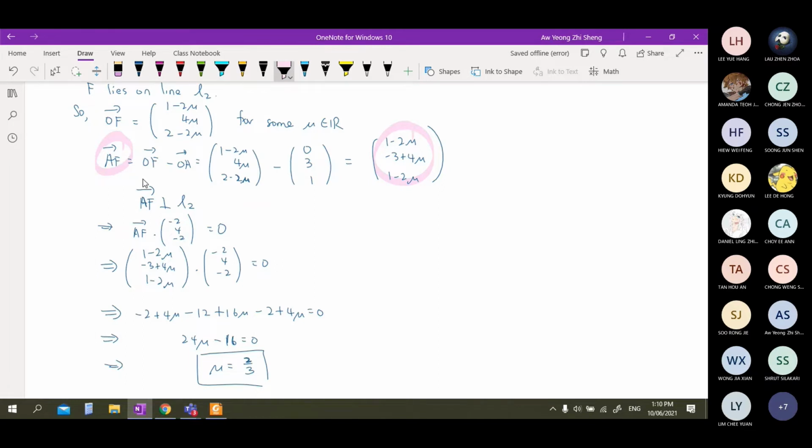So let's just sub into AF directly. Sub mu equals 2/3 into the expression for AF.